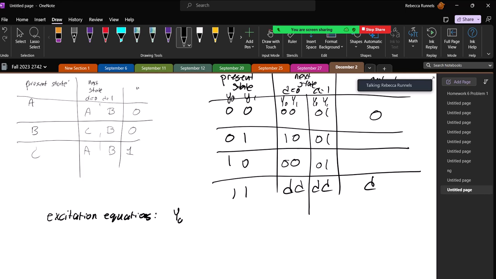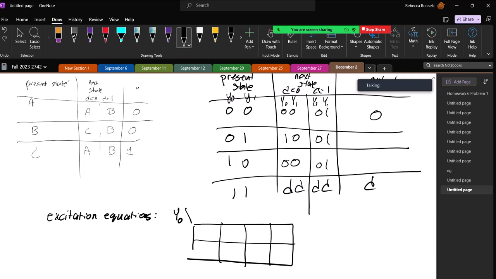So I'll do Y0. So for Y0, I have little y0, little y1, and D. So 0, 0, 0, 1, 1, 1, and 1, 0, and 0 and 1. And I'm looking at y0, and y0 is this first column here.